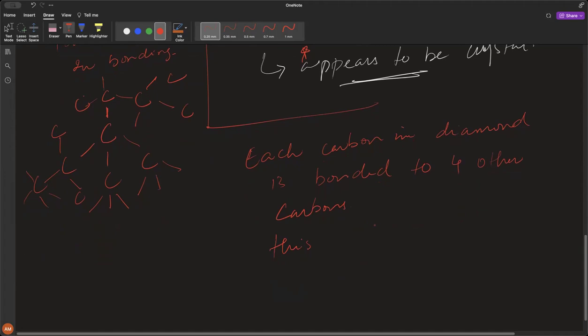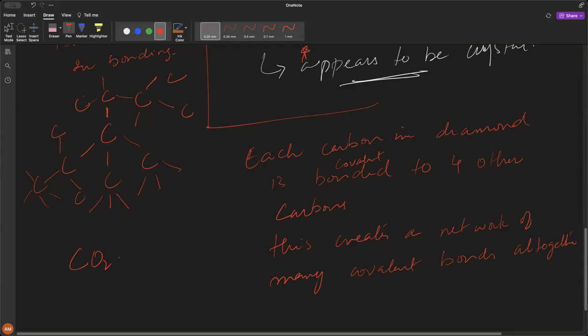Obviously this is a covalent bond, right? This creates a network of many covalent bonds all together, right?